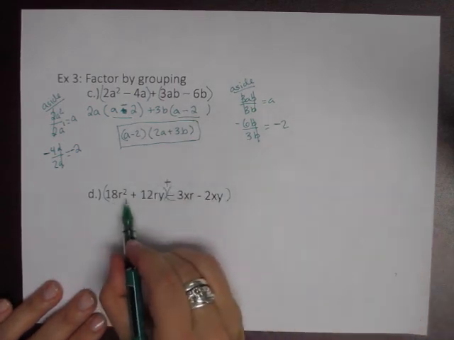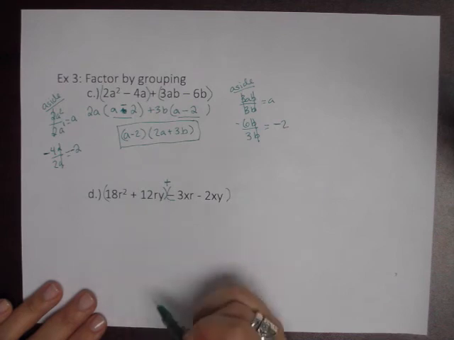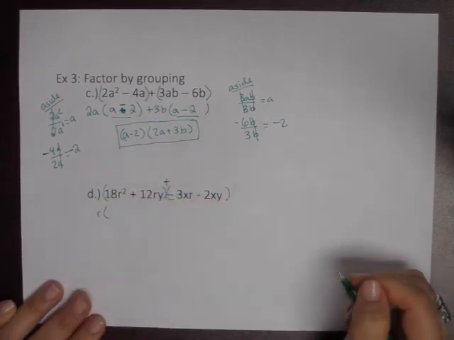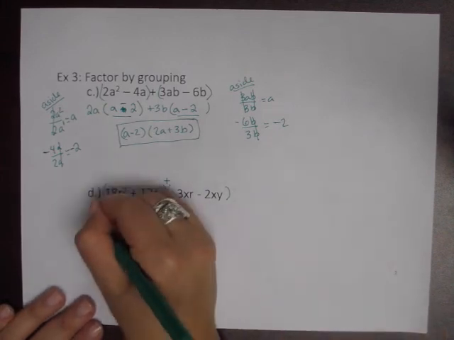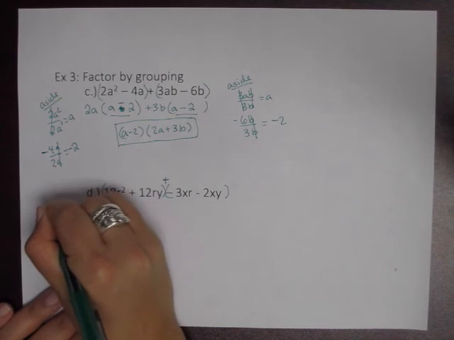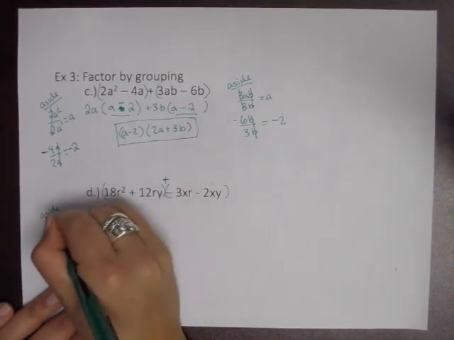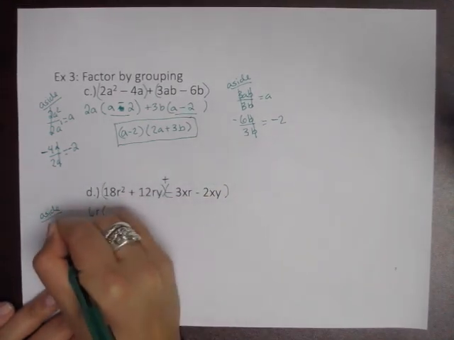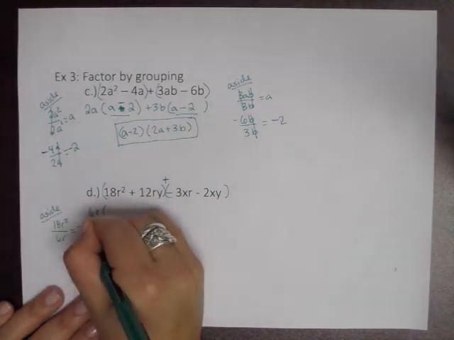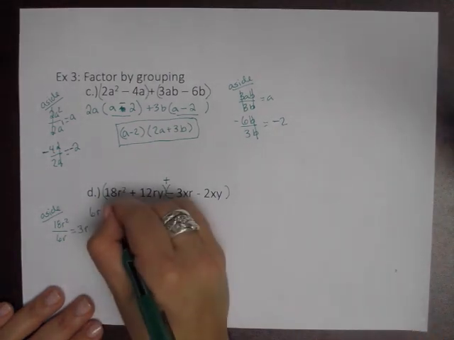So I've got 18r squared plus 12ry. I definitely see that I can pull out an r, and I can also pull out a 6. So for my side work, you go 18r squared divided by 6r. 18 divided by 6 is going to leave me with 3. 2 minus 1 is just 1, so I've got 3r.